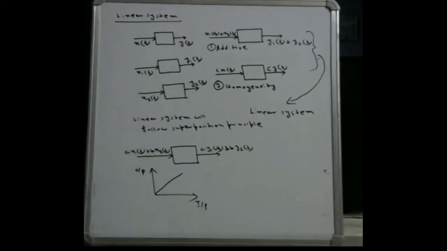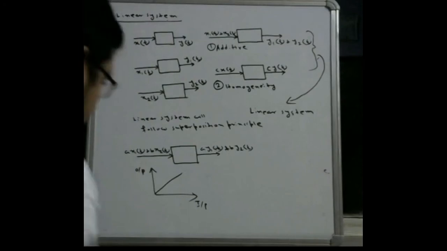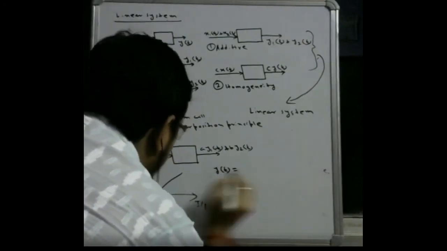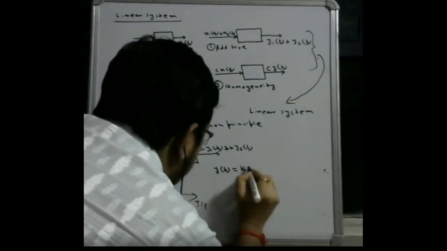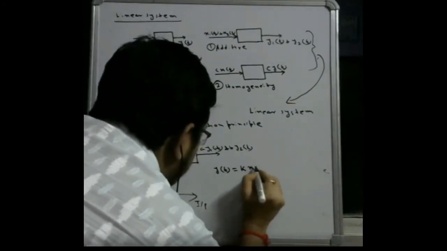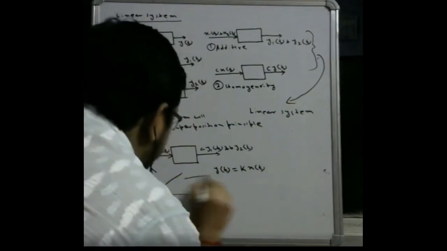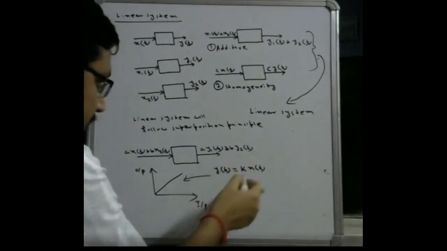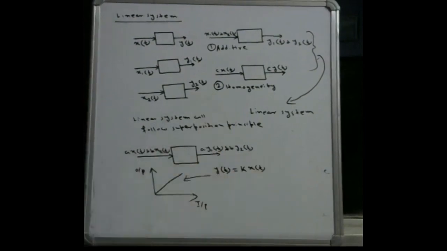If y(t) is the output and x(t) is the input, then y(t) will be k times x(t) for this particular case. We know this system is a linear system. If we have this type of input-output characteristic for a particular system, then obviously it is a linear system. Now we have to prove this with the help of the condition.